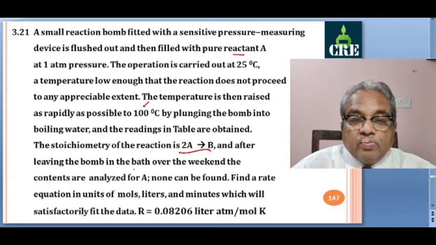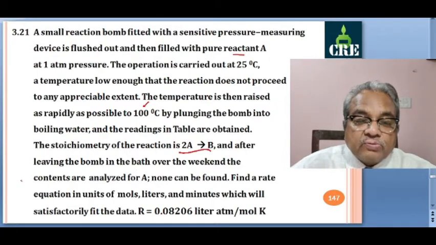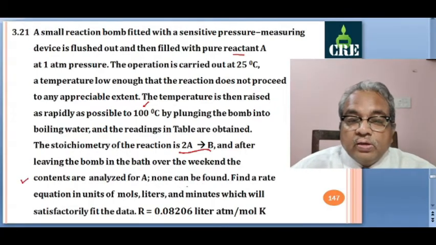After leaving the bomb, or this reactor, in a bath over a weekend, for a long amount of time, none of A can be found. That means after keeping it for infinite time, none of A is found, so A is completely converted. That means the reaction is irreversible.